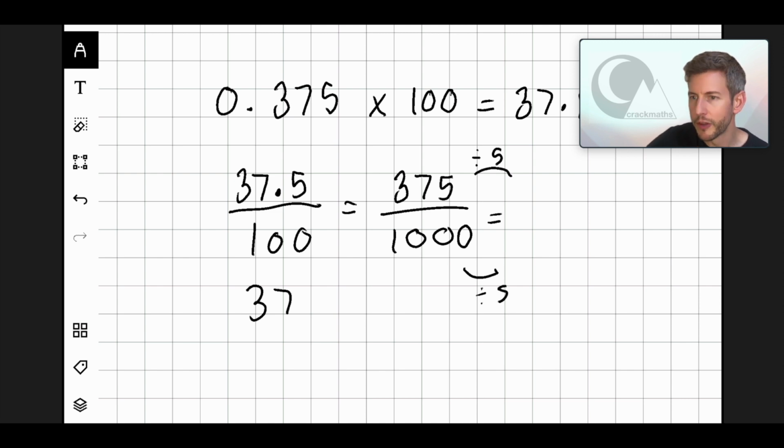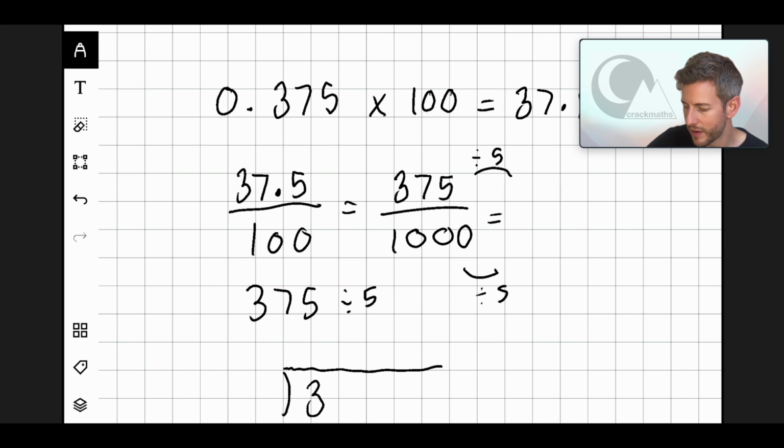And now I'm going to look at 375 divided by 5. So 375 got to the bus stop first. So remember, they go underneath. The 5 is on the outside because we're dividing the 375 by 5. So let's have a look at how this goes. So first of all, I can see we're looking at 5s into 3.